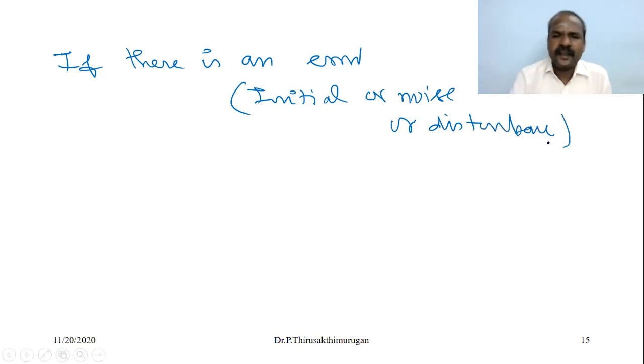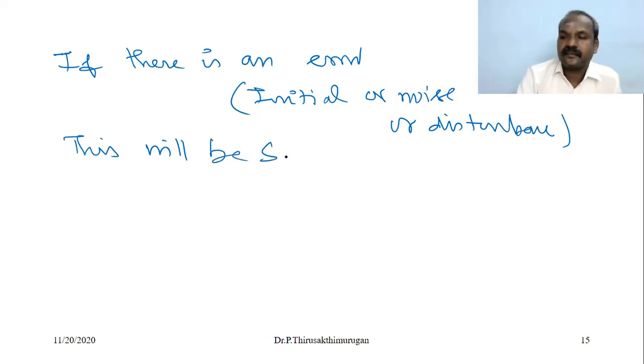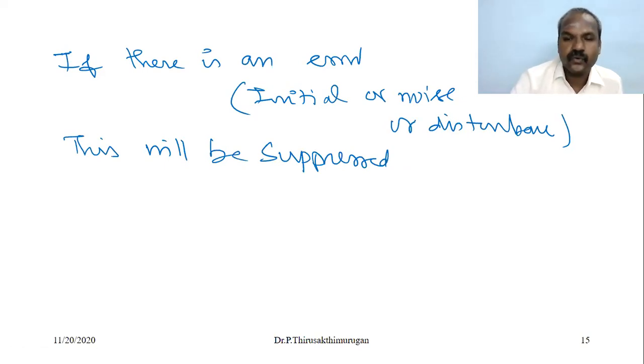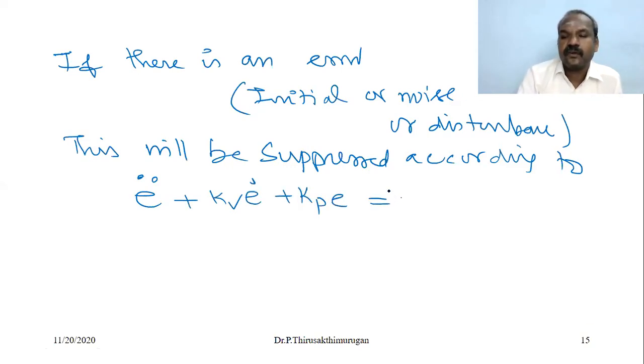So this will be suppressed according to the law, that is, according to e double dot plus kv times e dot plus kp times e equal to 0.